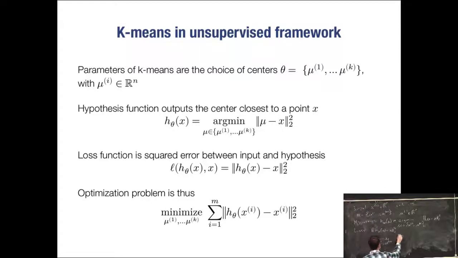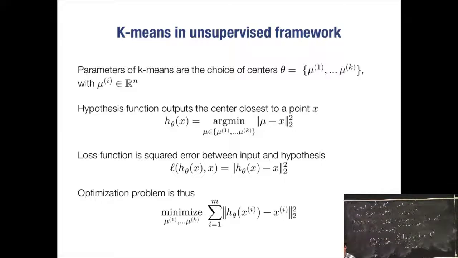Minimizing the sum of all our errors over all our data points, sum from i equals 1 to m. I'll just substitute the loss in here: h theta of xi minus xi, which by the way is just equal to mu closest at point i.